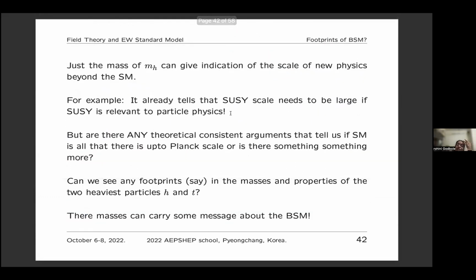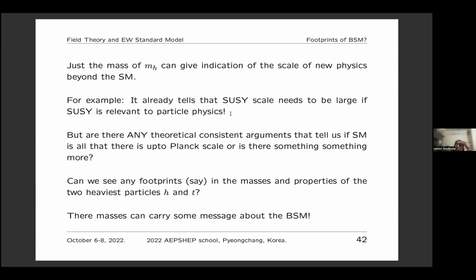For example, since I am a SUSY enthusiast and I've spent 15 years of my life working on supersymmetry and writing even a textbook on supersymmetry, let me tell you that the observed value of the Higgs mass, which is 125 GeV, is very close to the upper limit that SUSY predicts, which is 135 GeV.